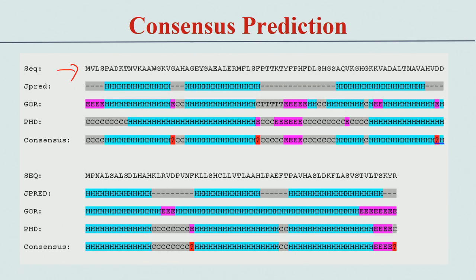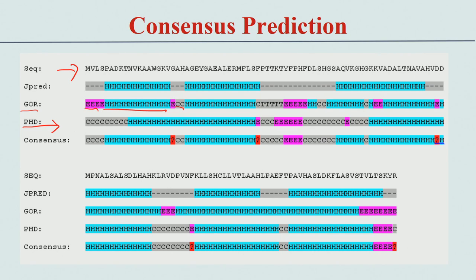JPred predicts the helical regions. Then take GOR, which is based on information theory. They predicted this as beta strand, and here this is helix, some coil, and the whole segment is predicted as helix or strand or coil. And another method, PHD, is based on neural networks. So, these are the values.